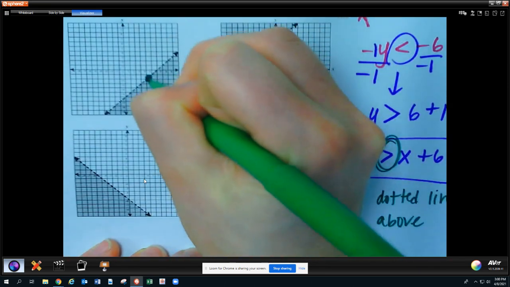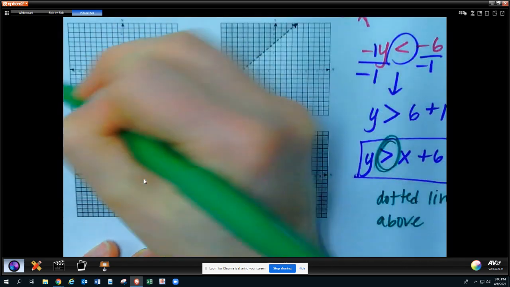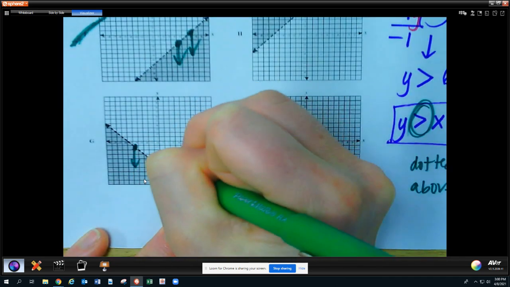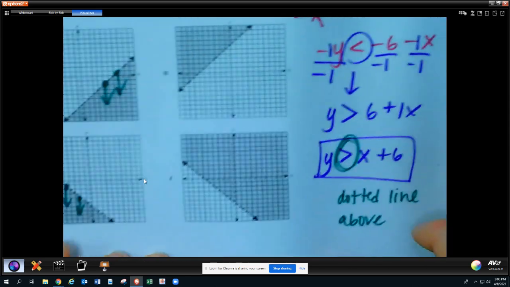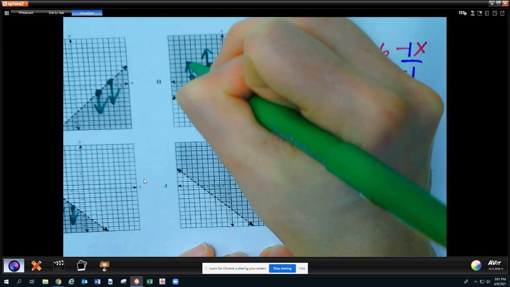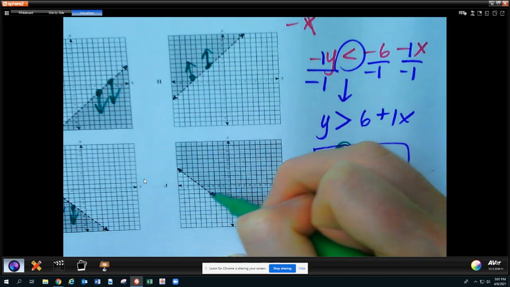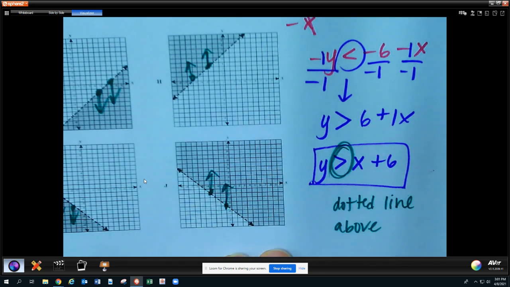So here in choice A, it's shading below the points. Not A, F. So F is out of the picture. Same with G. All the shading is below, so G doesn't work either. H, the shading is above, so he's still in the running. J is also shaded above, so he's still in the running.